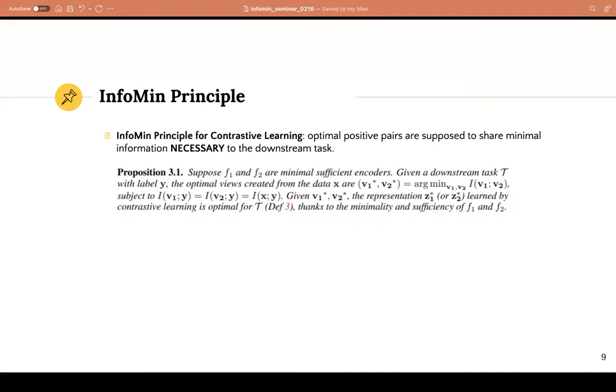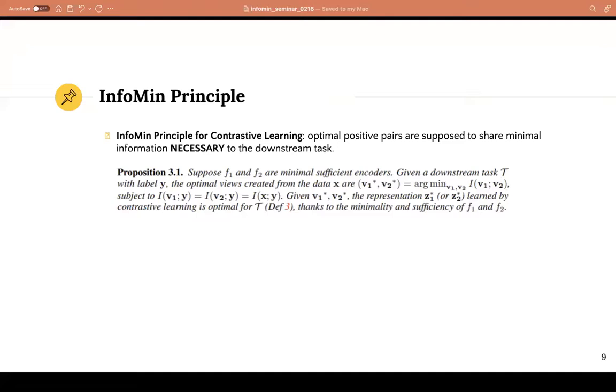And how can we follow this principle to design a model to learn better views? Because before, researchers usually created views based on their expert knowledge.